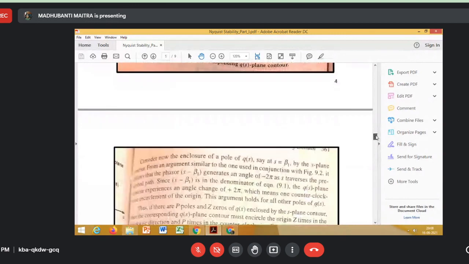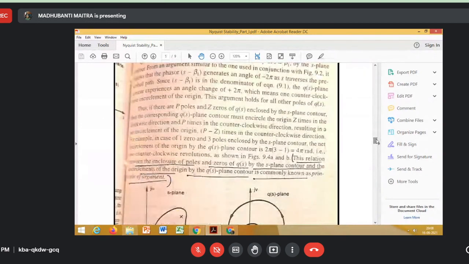Having discussed this, we can generalize that if P poles of QS and Z zeros of QS are enclosed by the S-plane contour, then for P poles, the net change in angle of QS will be P into plus 2 pi, right?